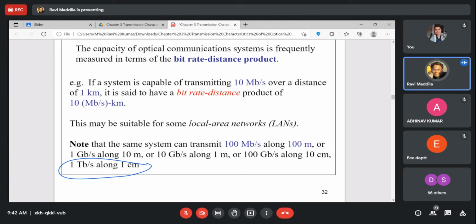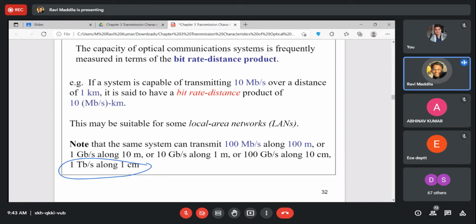I don't know if you have come across this network on chip concept, but it's possible that on the same chip you can have different components which need to communicate at a very high speed. So that is possible with this optical fiber communication.